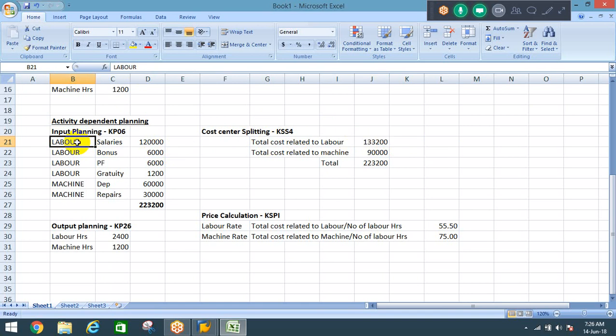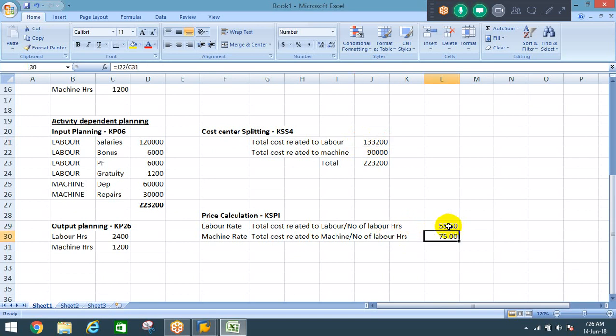So when we do the splitting, the system knows salaries is related to labor activity, bonus is related to labor activity, and depreciation is related to machine activity. That cost is related to only that particular activity, so we get the correct price.